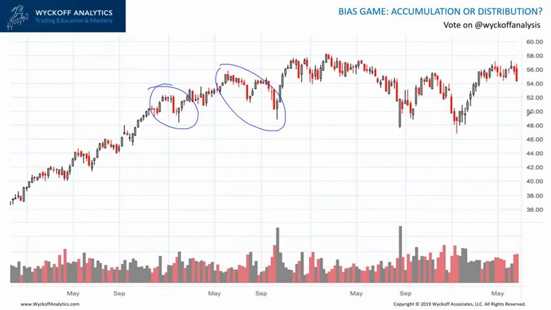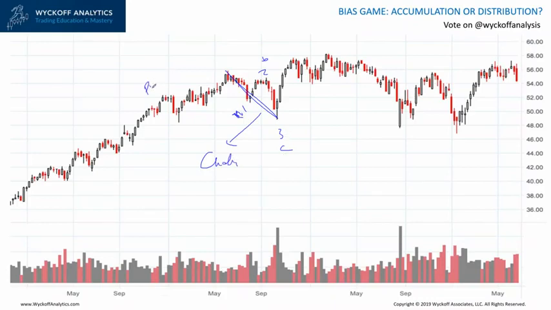You could most definitely consider this reaction right here, that has this 1, 2, 3, A, B, C type of pattern, a change of character. And then, as we labeled before, preliminary supply, there is a little bit of the climactic run here, so let's just tentatively put it like this.